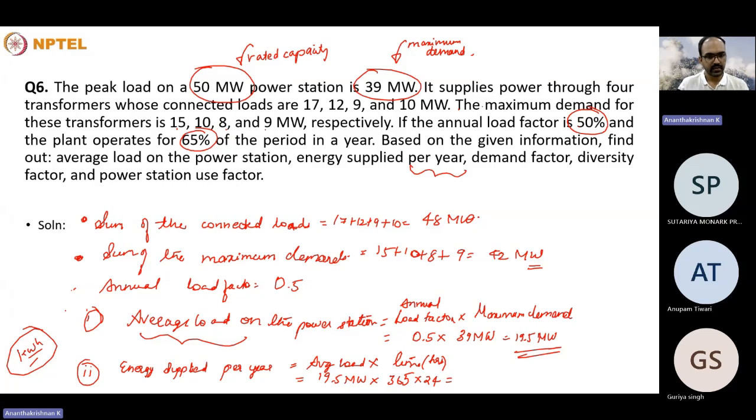So I understood that you meant that this is 65 percent of the period in a year, but the way it has been put can be slightly confusing.